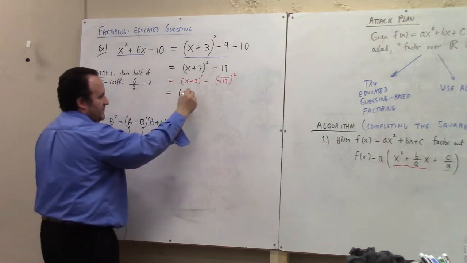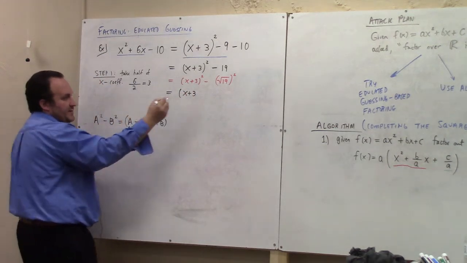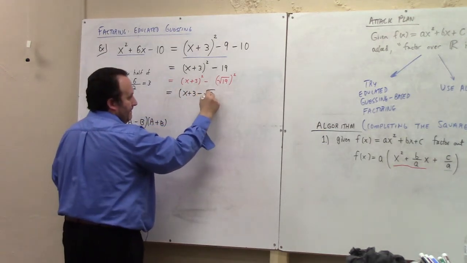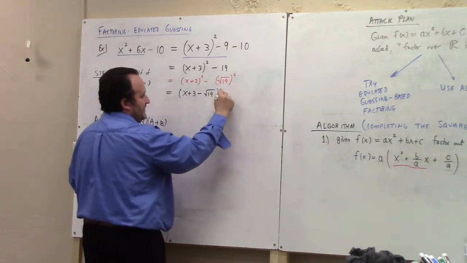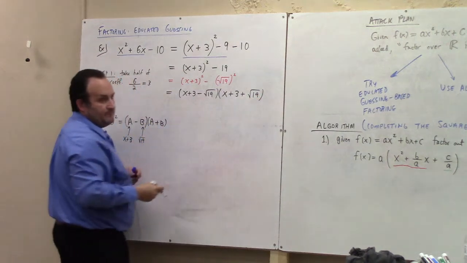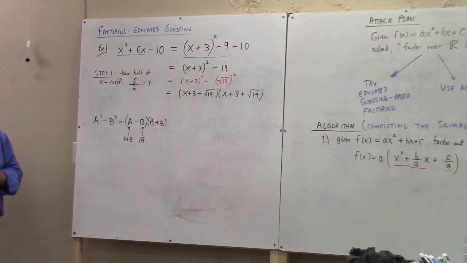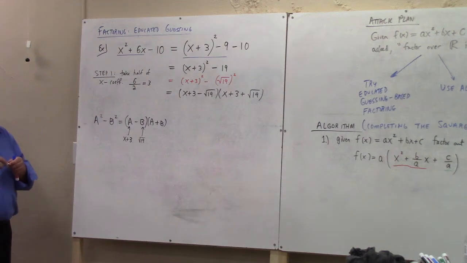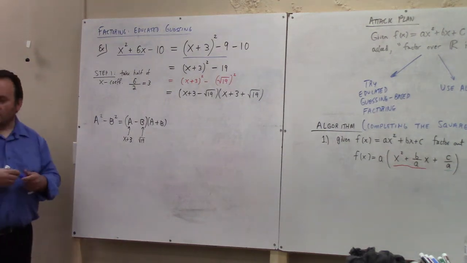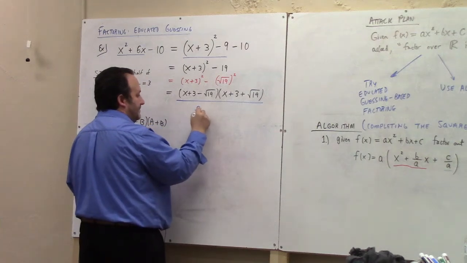So x plus 3 minus the square root of 19, x plus 3 plus the square root of 19. That is how this polynomial factors over the reals. That's it. That's the answer right there.